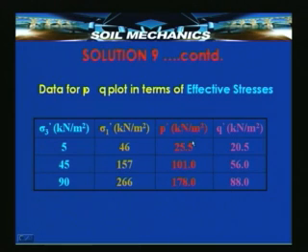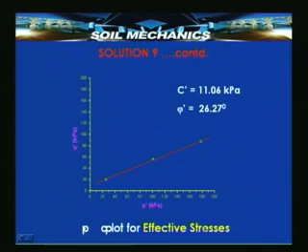So, we now have P dash, which is quite different from the value of P we had earlier, but Q dash remains the same because it is the difference between the stresses, and as I pointed out a little earlier, sigma 1 minus sigma 3 is equal to sigma 1 dash minus sigma 3 dash. So, we have P dash and Q dash. If we plot them, we get the PQ plot for effective stresses, and from this intercept and the angle of inclination, we can get the effective cohesion and effective angle of friction as 11 and 26, as shown in this graph.